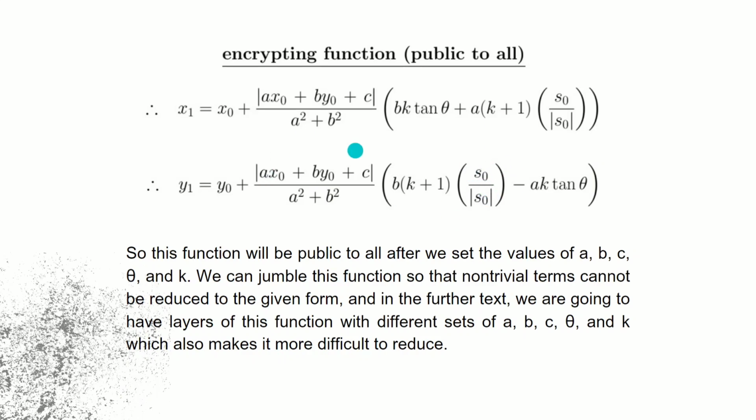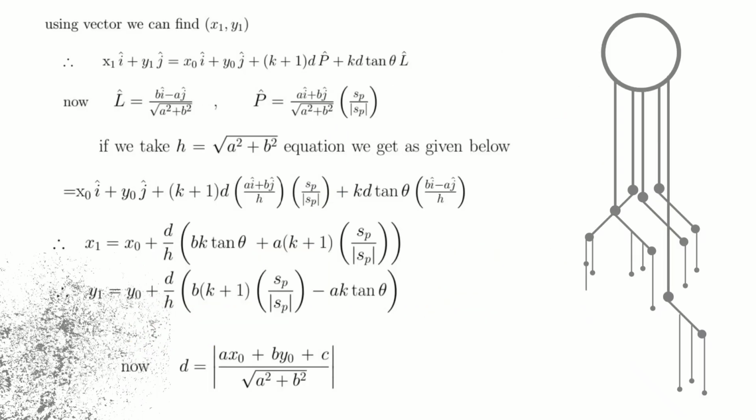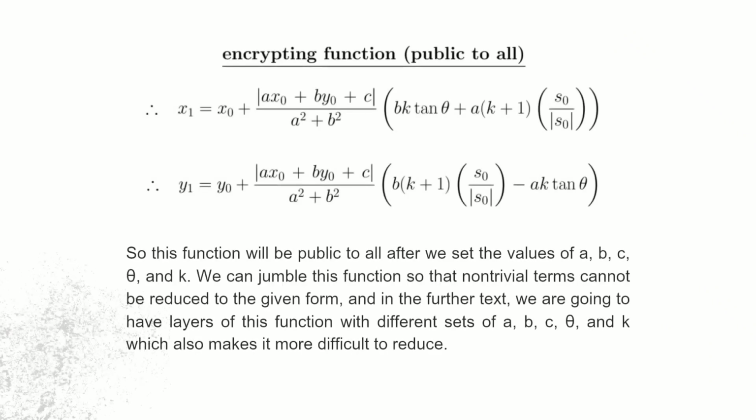Now this s0 is nothing but you put that point in the line, right? s0 is nothing but ax0 plus by0 plus c, and s1 corresponds to it, that is ax1 plus by1 plus c equals 0. Okay, so that's to mention. After we put values in, one cannot factorize those values and come back to this equation and find the values of a, b, c.